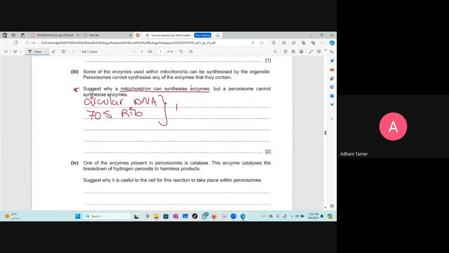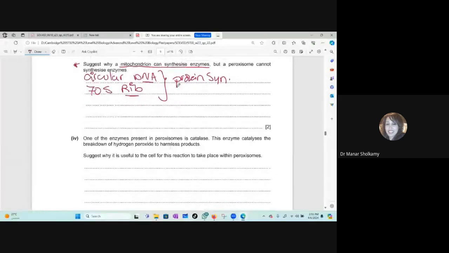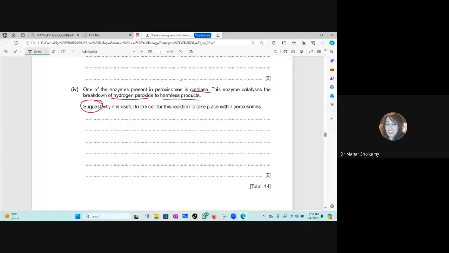Translation. Transcription and translation in protein synthesis. Yes? Okay. The DNA, I can use it to copy and make the messenger RNA, and the ribosome for the protein synthesis, transcription, and translation. Very good. The peroxisome does not have that. And also, they have all the enzymes needed in all the steps for protein synthesis. We need RNA polymerase, we need the transfer RNA molecule, we need everything is available in the mitochondria.